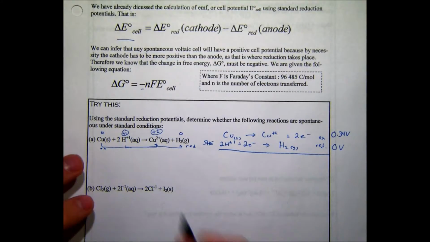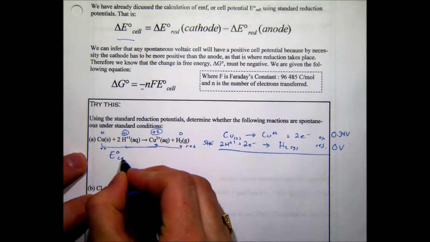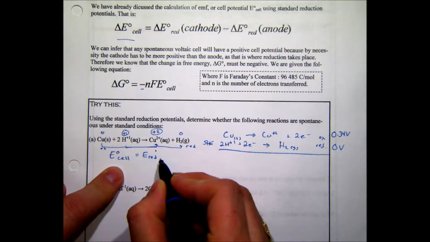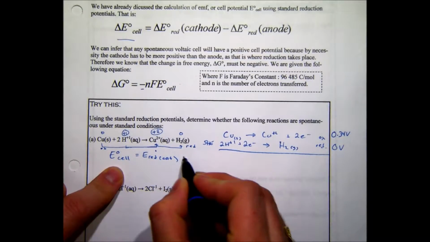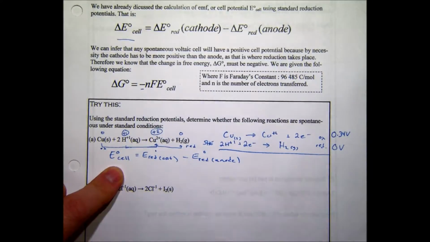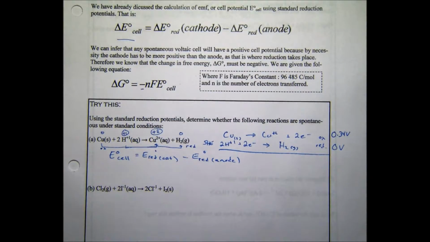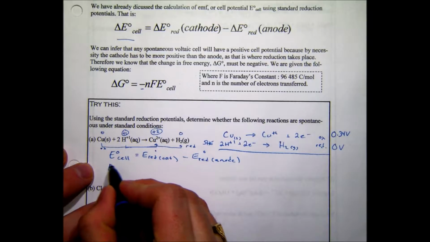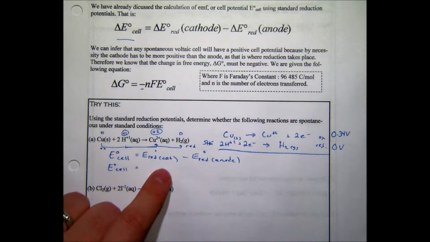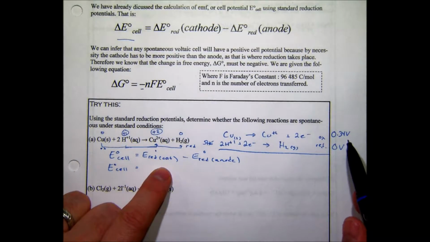So we calculate a standard cell potential. The cell potential is equal to the reduction potential of the cathode minus the reduction potential of the anode. The cathode is where reduction is taking place, so that would be the more positive of the two.